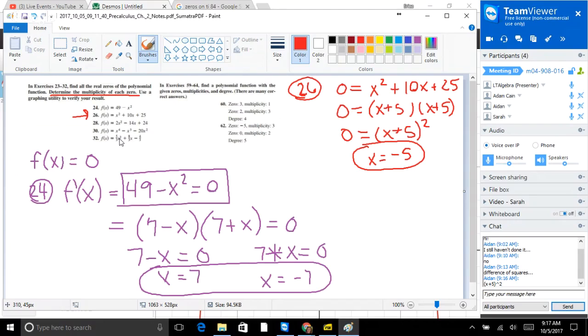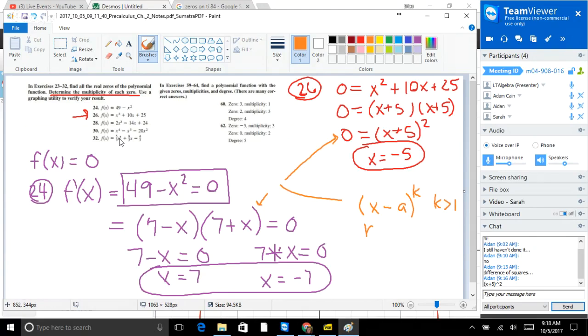Basically, when you factor your polynomial, so here's where we factored our polynomial, okay? When you factor your polynomial, if one or more of your terms ends up as x minus some number to the k power, where k is greater than 1, then you have a repeated 0 or a multiplicity of k.